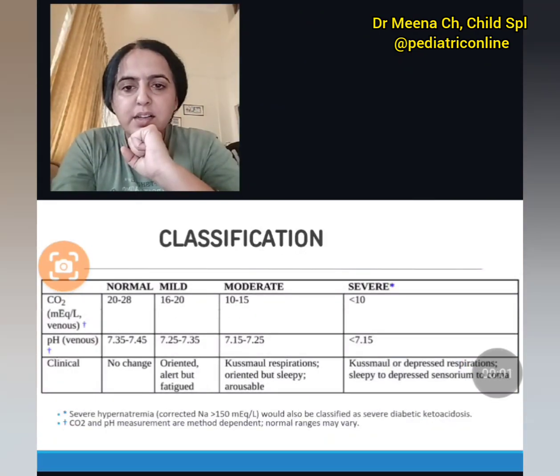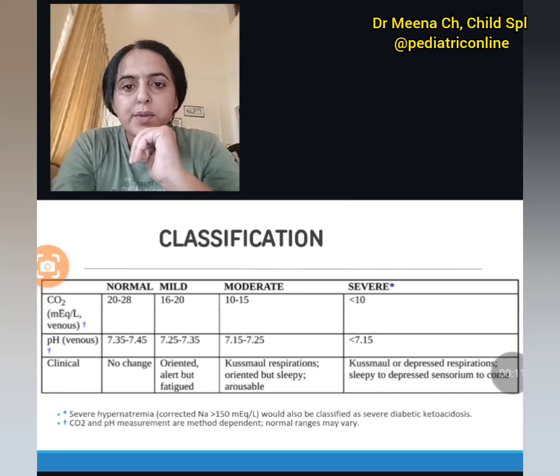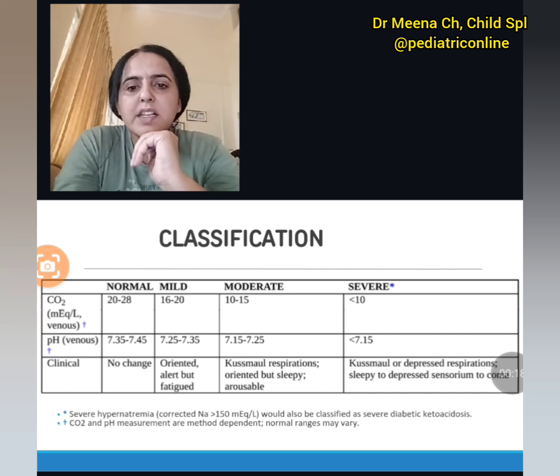According to various clinical parameters, in DKA, if the pH is normal, bicarb levels are normal, and there are no clinical features, so it is normal. There are no features of diabetic ketoacidosis. But in mild cases, the patient is oriented, but the patient feels fatigued.